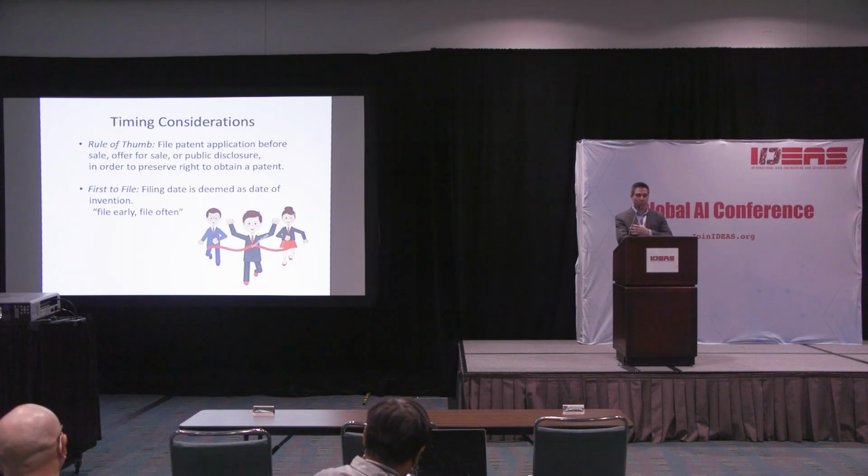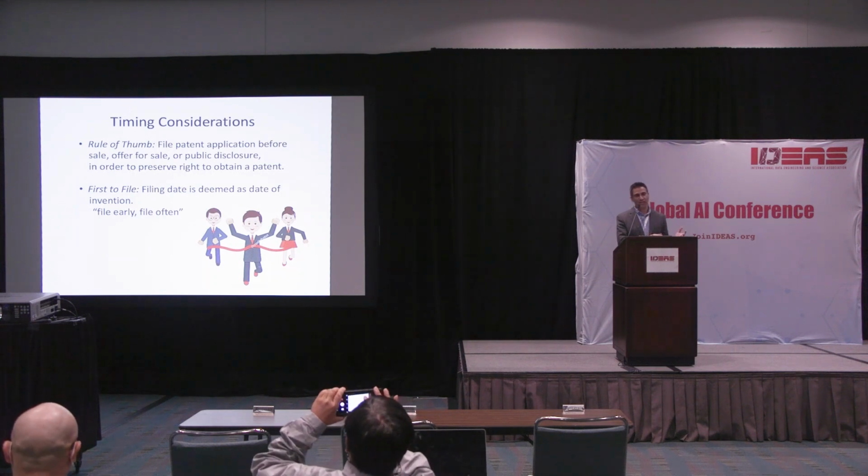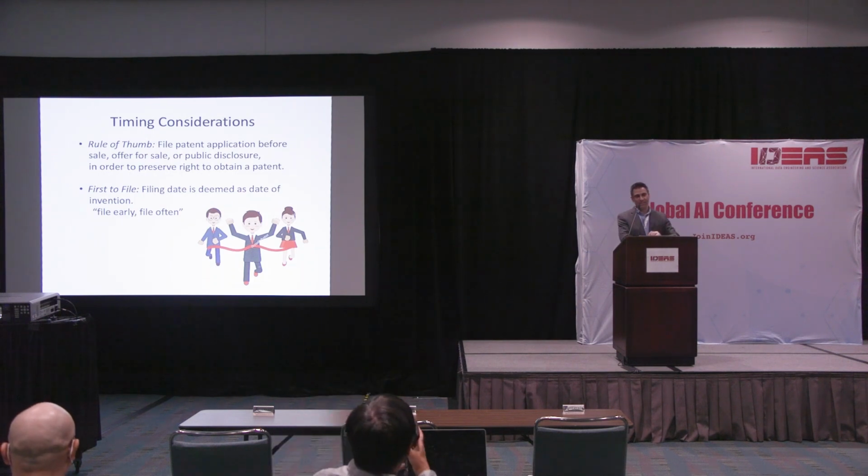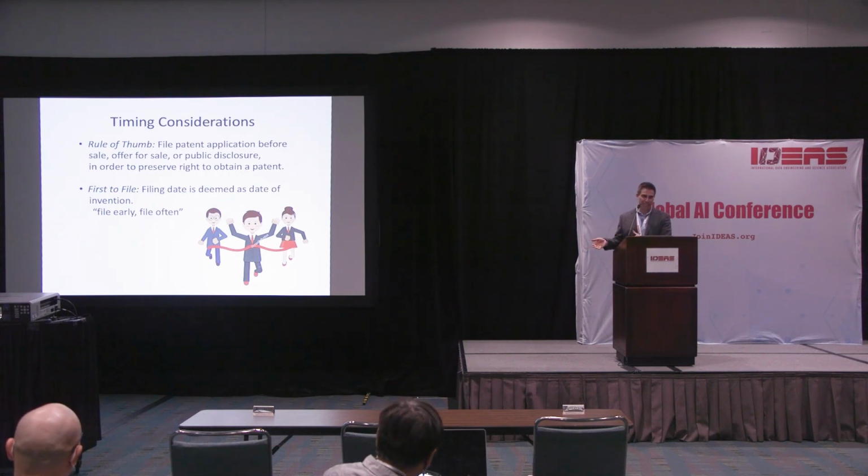One way to look at this is if someone puts their invention out there and waits over a year, so the US has a 1-year grace period, then now they can't file for a patent application on it because they've already gotten 1 year of that grace period protection, and now they're going beyond that. So if they want to file something 10 years later, technically it's not allowed. And so their own public disclosure can be used against them to reject their application.